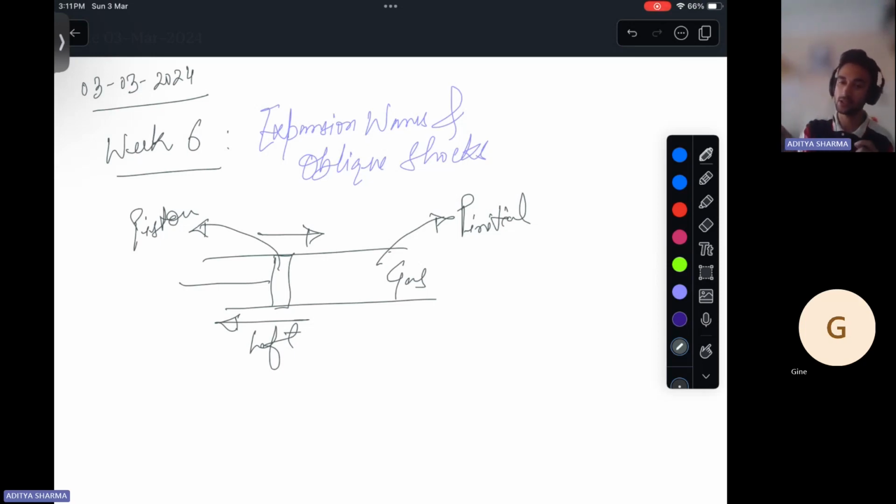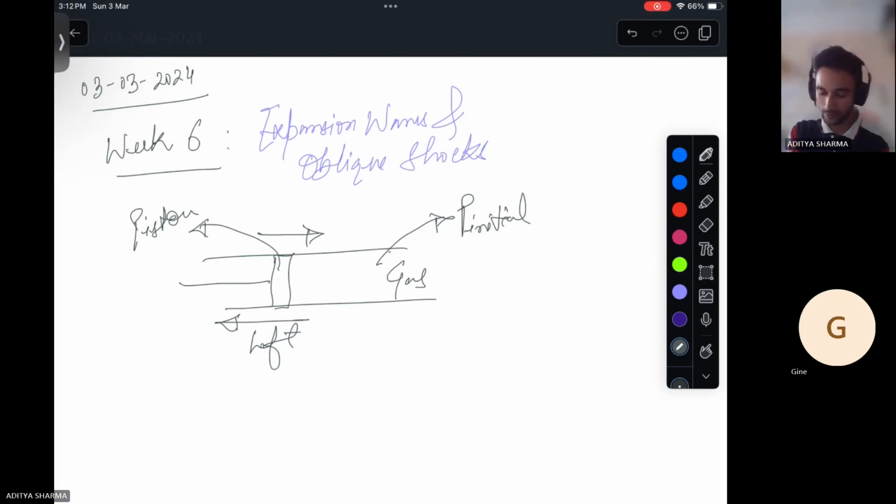What happens in the meantime when this transition is taking place? When we look into that, we find that such a transition has expansion. The gas in this conduit is expanding in a way, because pressure is decreasing. That is fundamentally expansion.